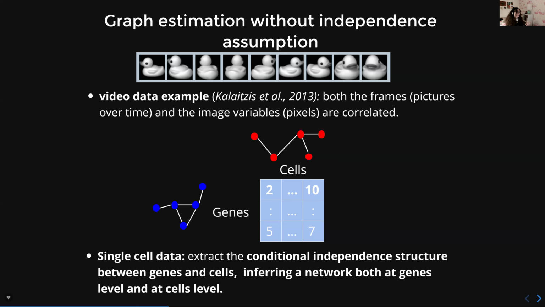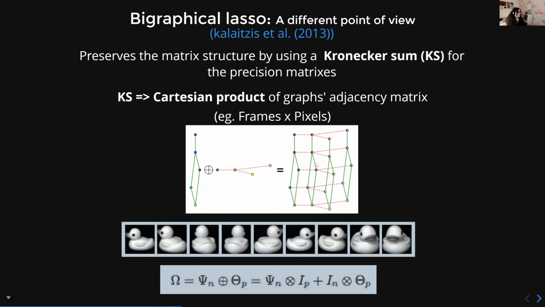How did they do it? They used a specific instrument, a Kronecker sum, that preserves the matrix structure. In practice, there is a precision matrix estimated along the rows and a precision matrix estimated along the columns, or vice versa, so the two dimensions.